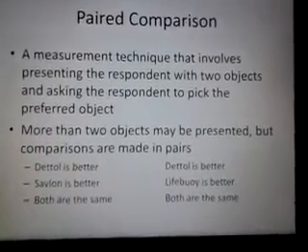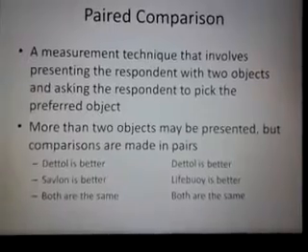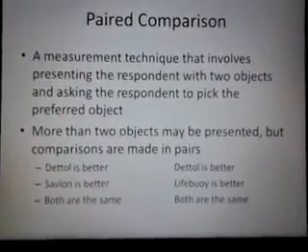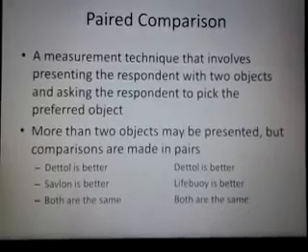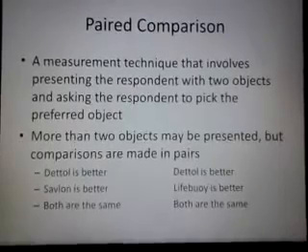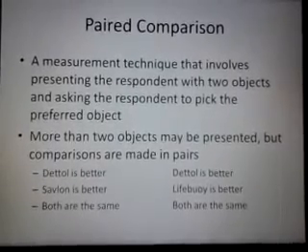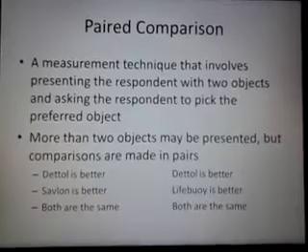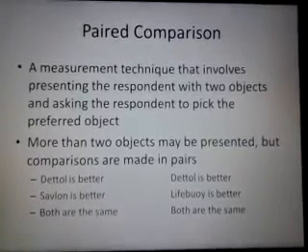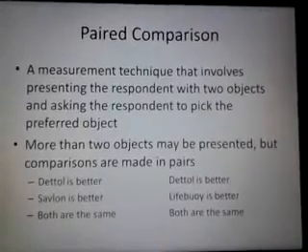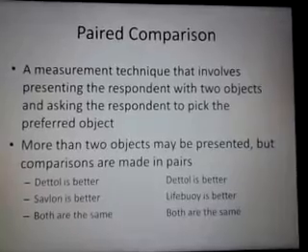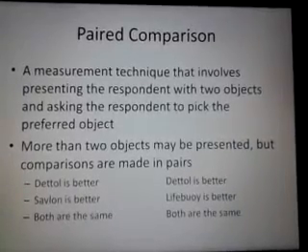If we want to compare between three brands, for example, I have taken the example of Dettol, Savlon and Lifebuoy. So we can compare attitude towards these three brands, but at one point of time we can compare only two, a pair. So for example, in one question we can ask: Dettol is better, Savlon is better, both are the same. On the basis of this we can find out which one is perceived better by the respondent.